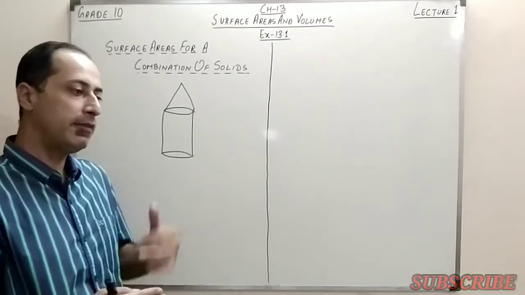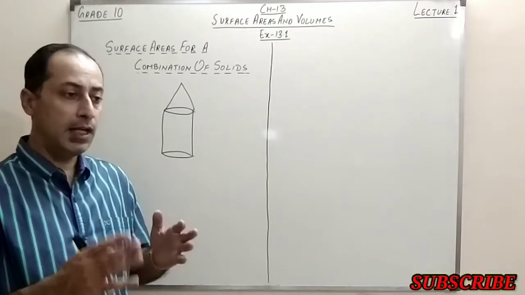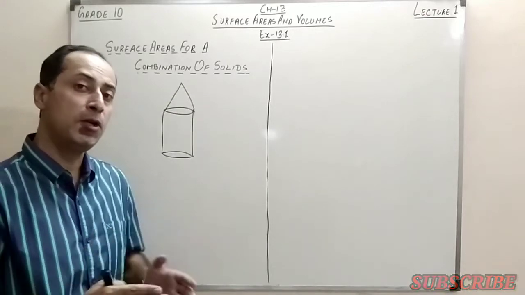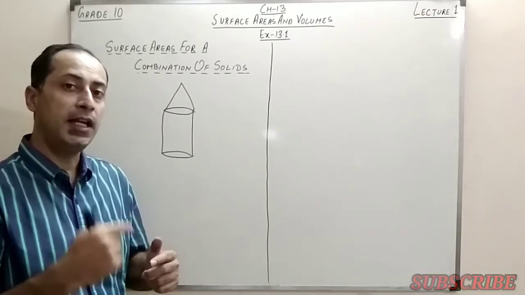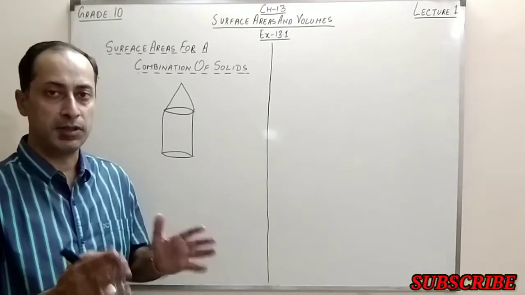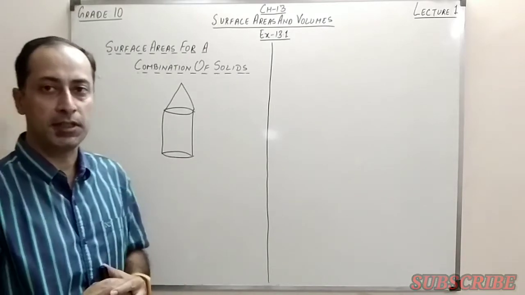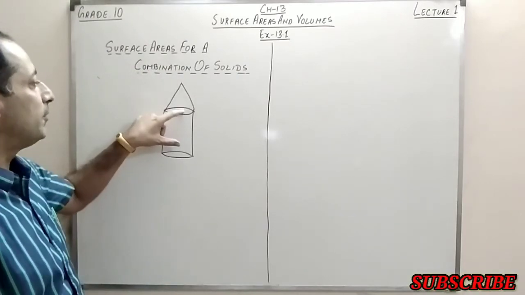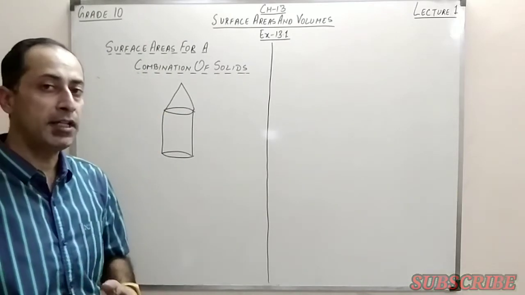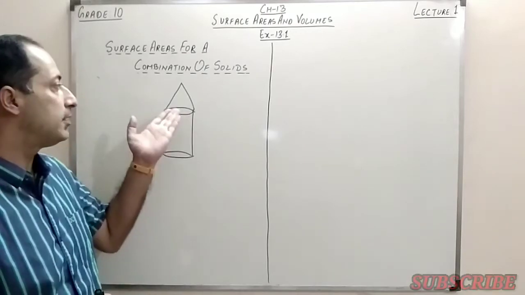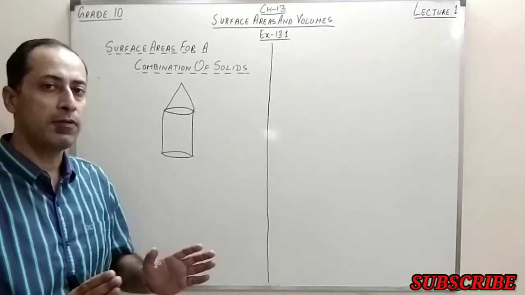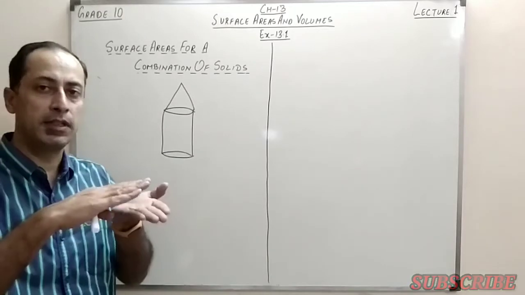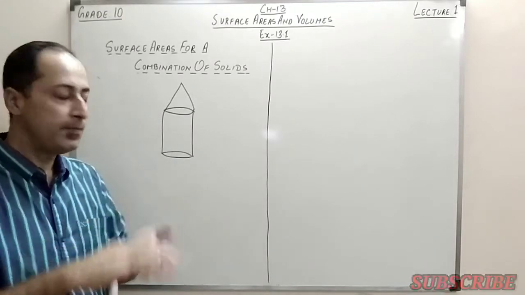Whatever the objects are and whatever their surfaces are visible to us, we have to find the area of that visible surface. In this object, the cone and the cylinder have a common base. It means we cannot take the total surface area of the cone because the base of the cone is not visible, as it is merged with the base of the cylinder.